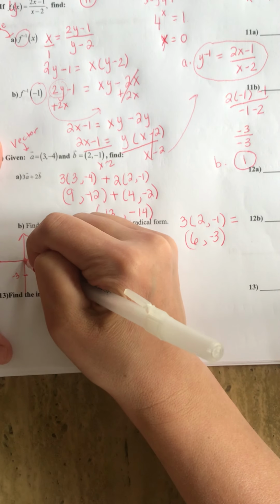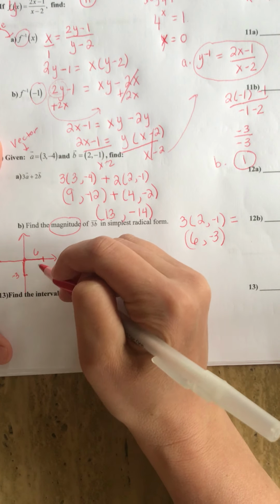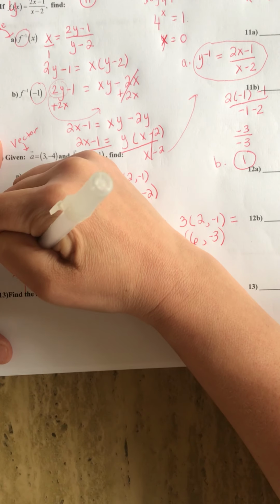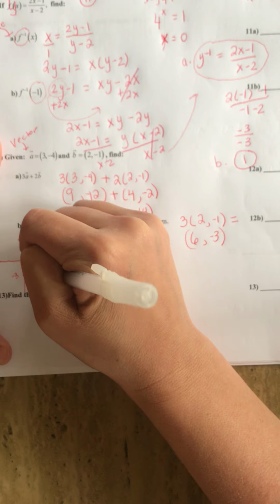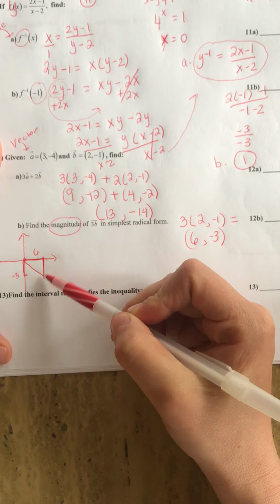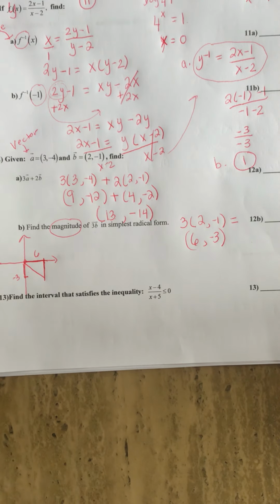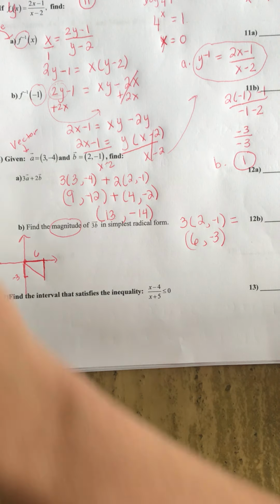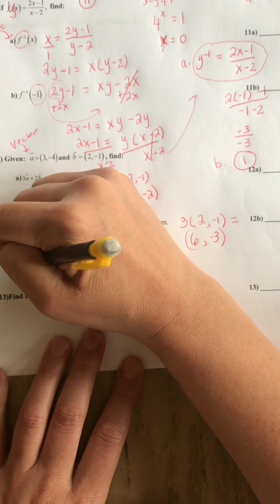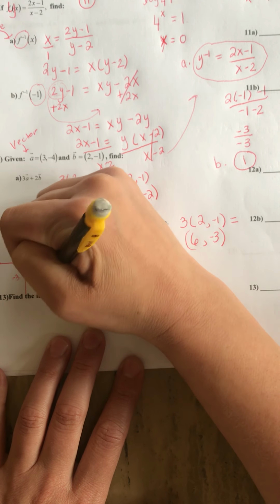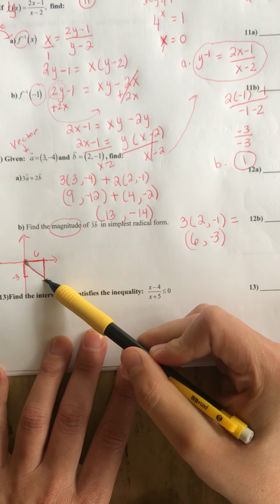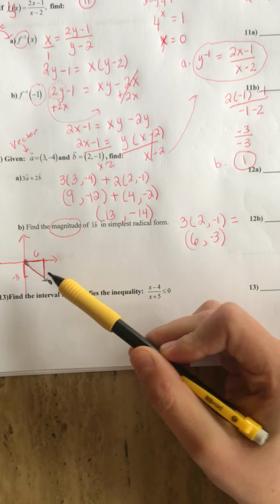Okay, so we have something that looks like this right here. So we're over 6, down 3, okay? And what this is going to be right here is, from the initial, what is the distance from the initial to that point right there, okay?